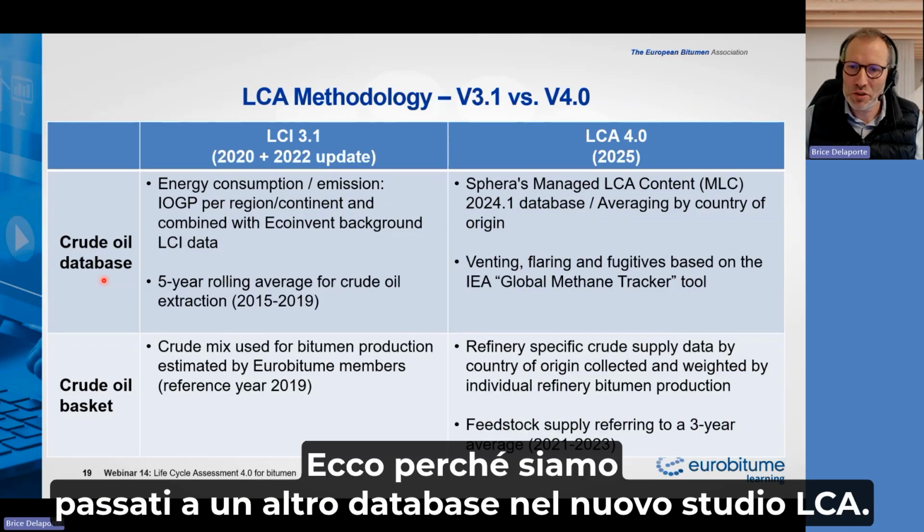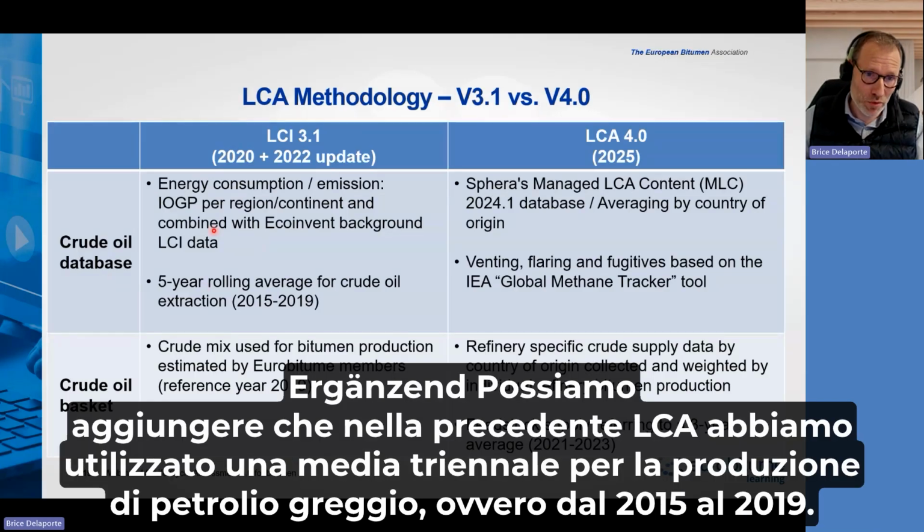That's why we switched to another database in the new LCA. I can add that in the previous LCI, we used a 3-year averaging for the crude oil production, I mean from the year 2015 to 2019.